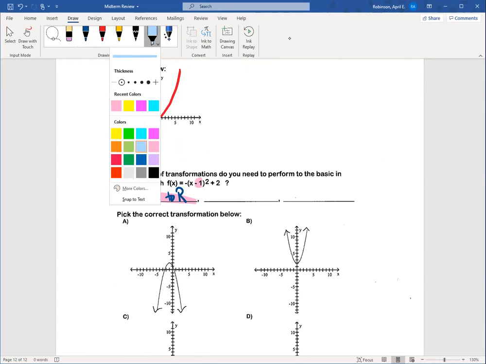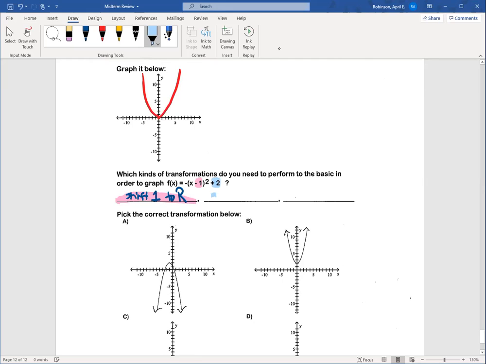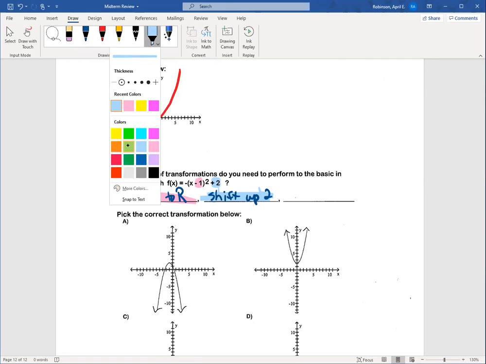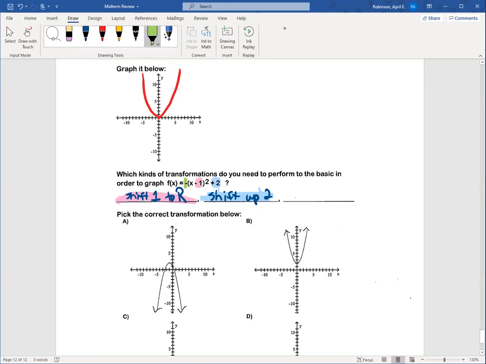And then this +2, I'm going to shift up 2. And then when you've got this negative out in front, since it's a negative of the x squared, it's a negative on the whole thing, it's going to flip upside down around the x-axis.